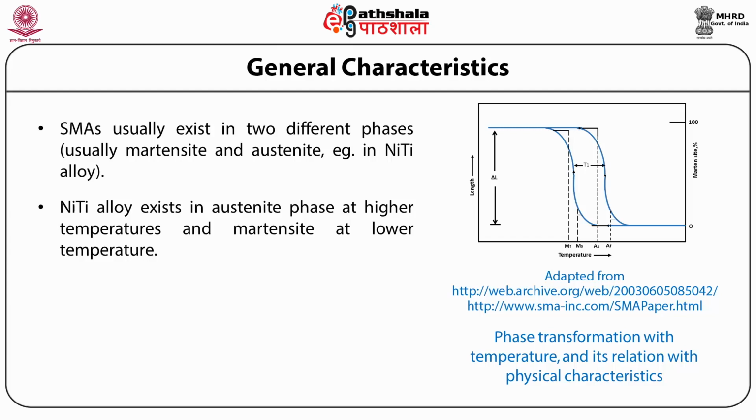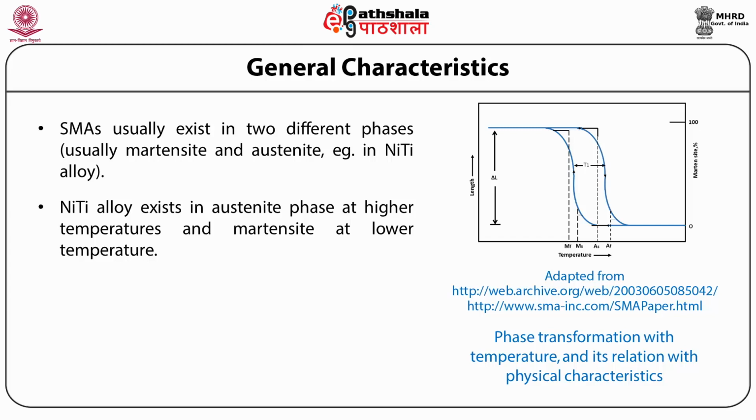Now, as clear from the figure, the y-axis on the right side shows the percentage of martensite for a given temperature, and as we can see, there is a hysteresis on moving from the parent phase, that is the high temperature phase, to the product phase, which is nothing but the low temperature phase or martensite.